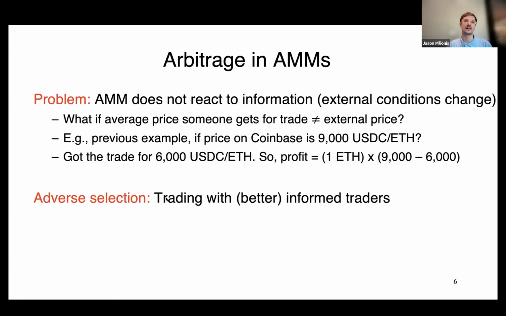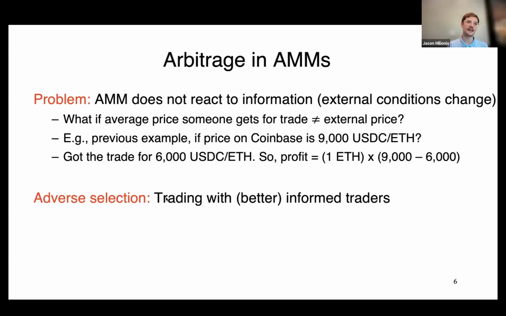So that's the key feature of the AMM that we talked about previously. So what happens if there is an external market that actually does offer a different price than the AMM? And so if the average price that someone can get on an AMM for a particular trade is different than the external price.